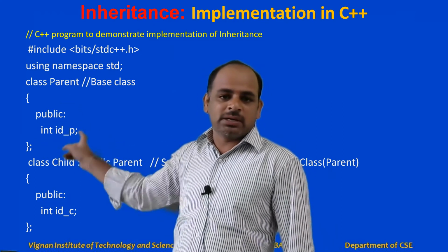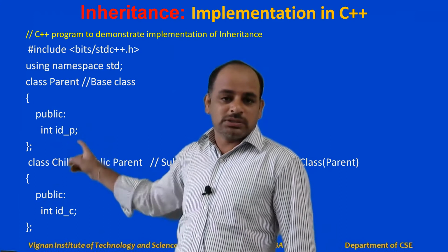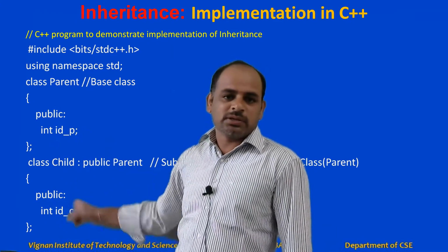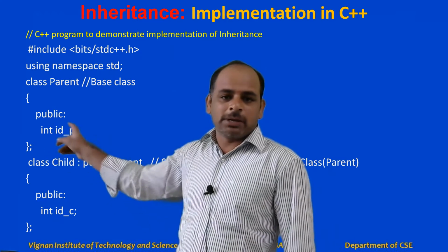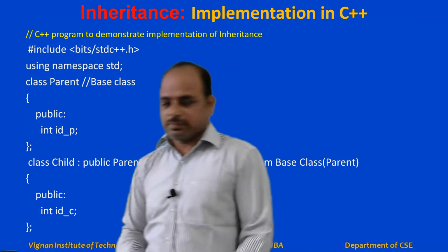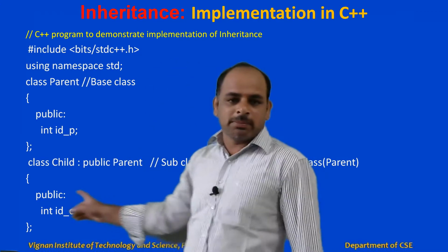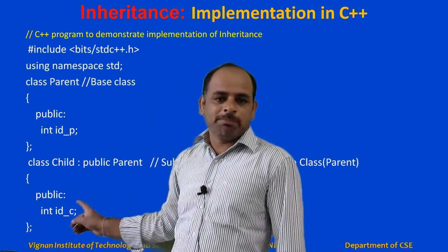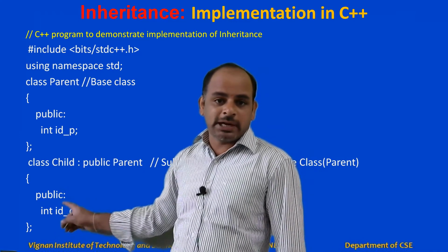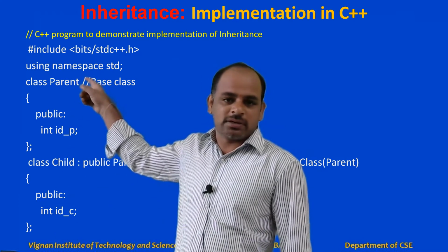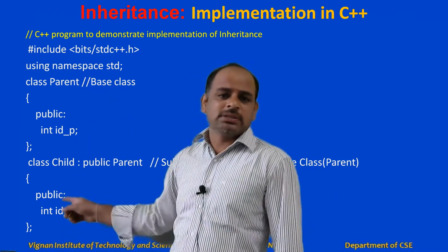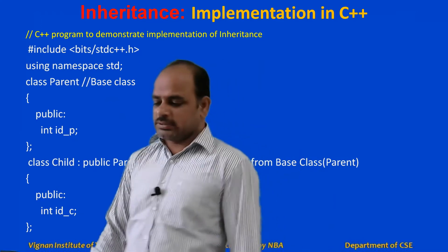What data member is declared there? IDP. So this also becomes a member of the child class, so that you can access this parent class member by using the child class object. So what are the members of the child class now? IDP and IDC, because IDP is inherited from the parent class and IDC is its own member.